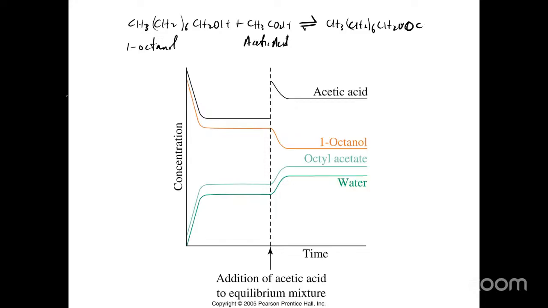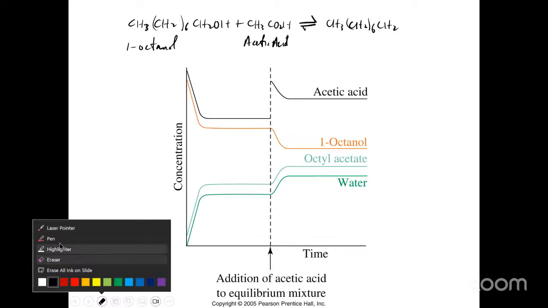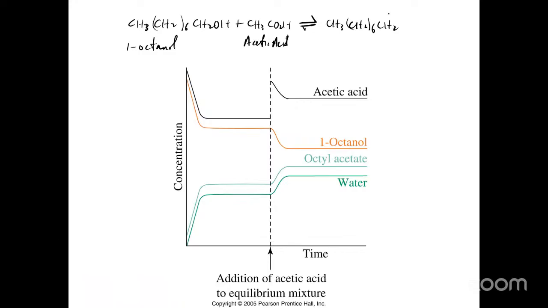In fact, let me abbreviate it a bit. Make things a bit simpler. Just going to put O2 here. So O2, CH3 plus water. So this is the reaction we're concerned with when it comes to this graph, right?